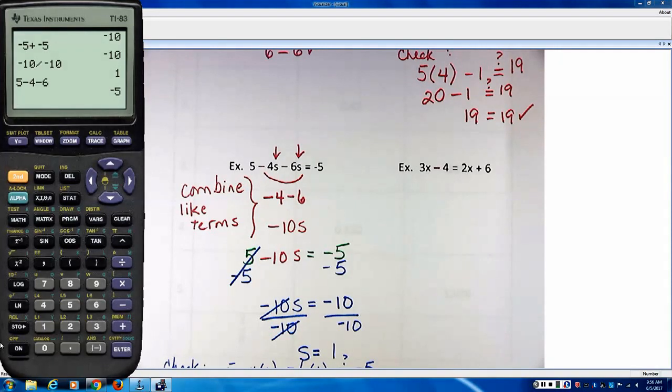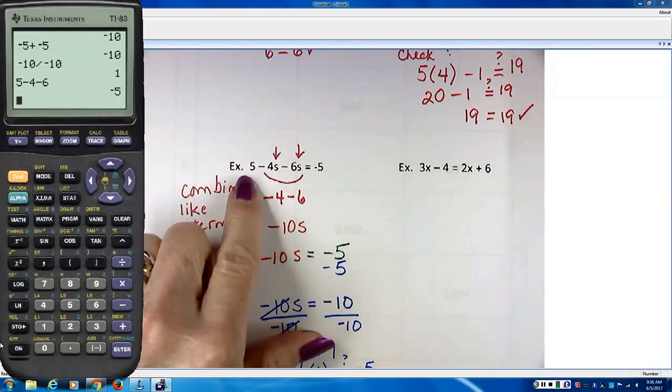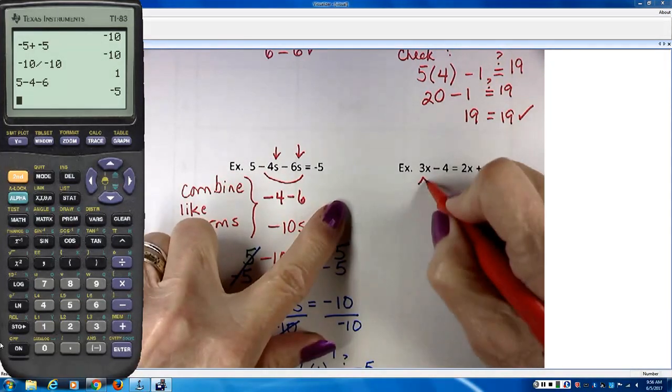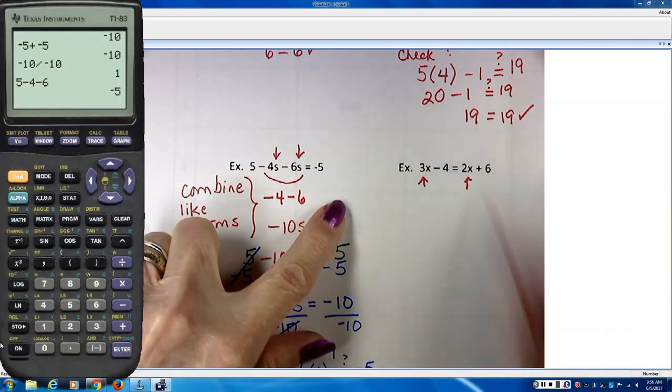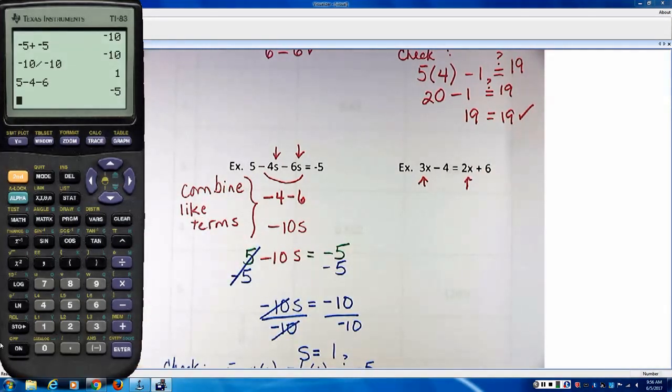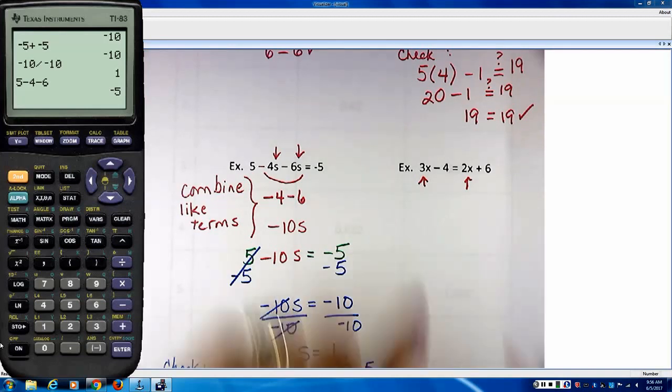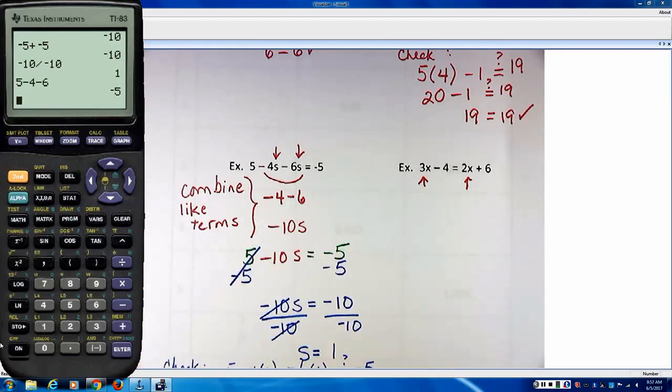This one is sort of the same thing, except this time our two x terms are on opposite sides. And we need to move them to the same side so we can get them together and by themselves. So you can do either way you want to, but usually I like for all of my variable, my letter terms, I like for them to come before the equal sign.